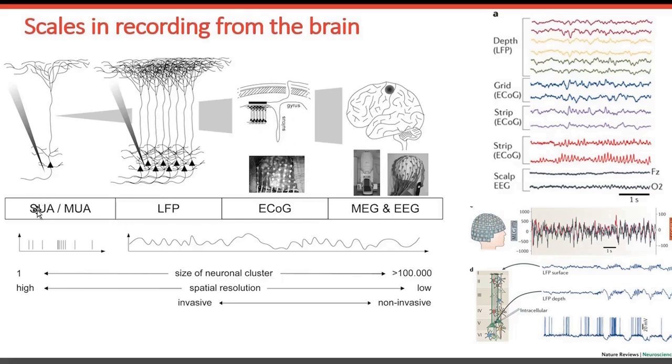SUA stands for single unit activity, MUA stands for multi-unit activity. Single unit activity involves recording brain activities from single neurons in the brain. The scale of these recorded neurons increases from left to right, but this again happens at the expense of spatial resolution.